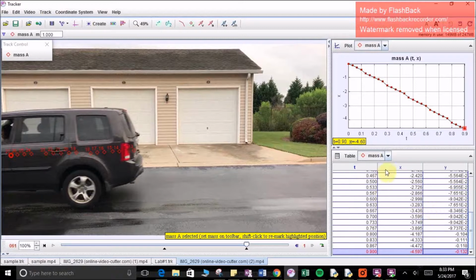In the table on the bottom right, there is some very important information as well, because it gives position and time. The time changes from 0 to 0.891 seconds, and the position changes from negative 0.0278 to negative 4.60 meters. This data is then plugged into the skeleton Python code provided along with a few other key points.